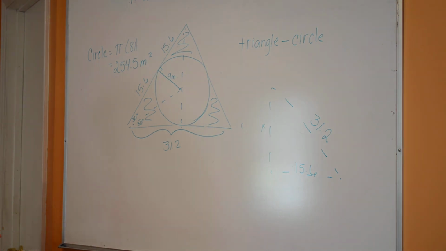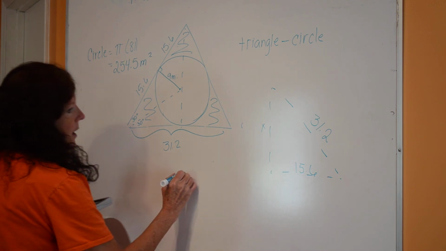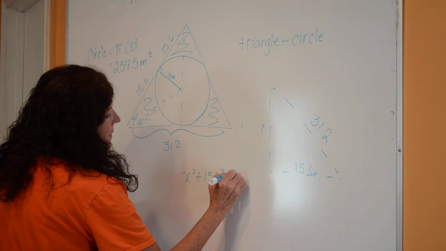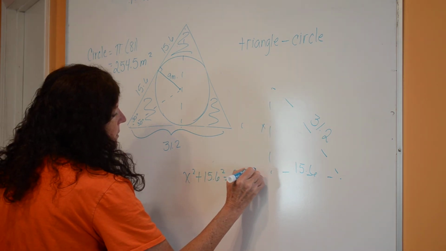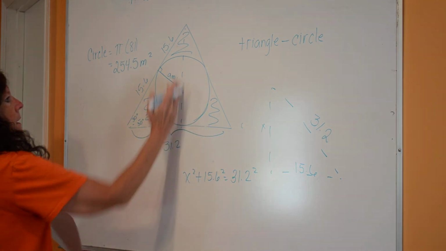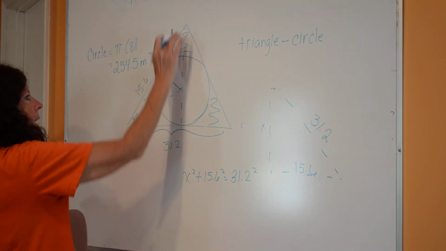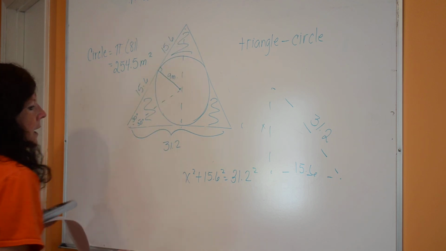When I find that, let me get a calculator. So I have x squared plus 15.6 squared is equal to 31.2 squared, because I've got the base and I've got the height, and I'm just looking at this particular triangle right here in order to get the height.